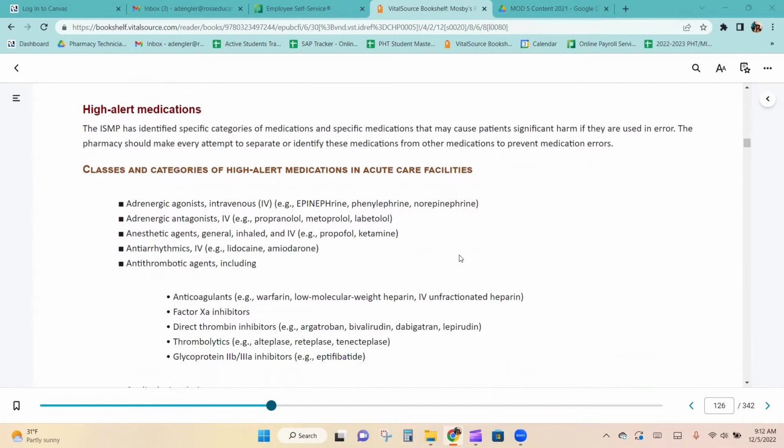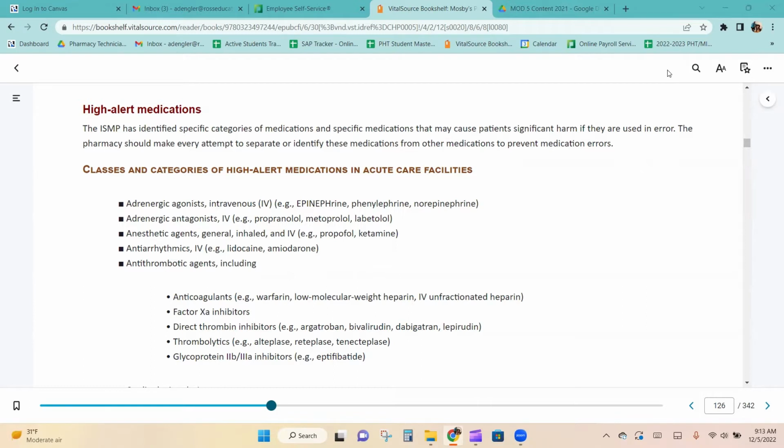So we have classes and categories of high alert medications in acute care facilities. Adrenergic agonists that are intravenous, so epinephrine, norepinephrine. Adrenergic antagonists, IV, like propranolol, metoprolol, and labetalol. Anesthetic agents, general inhaled and IV, like propofol or ketamine.